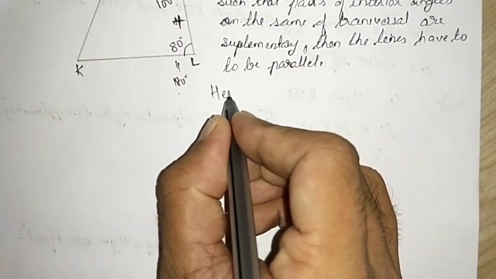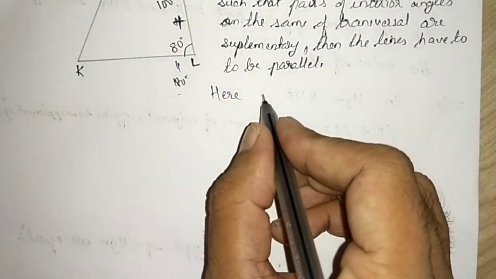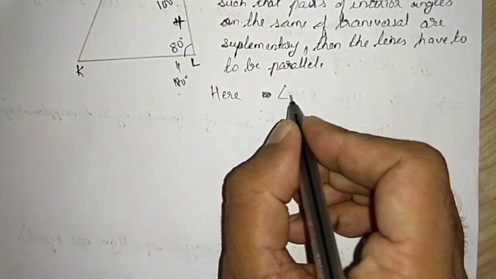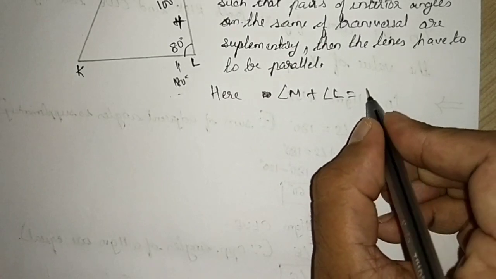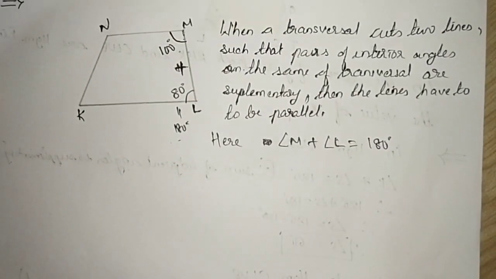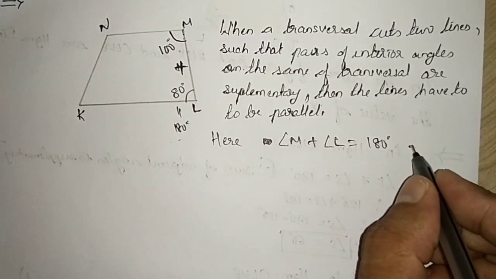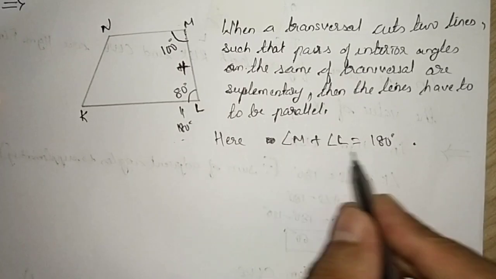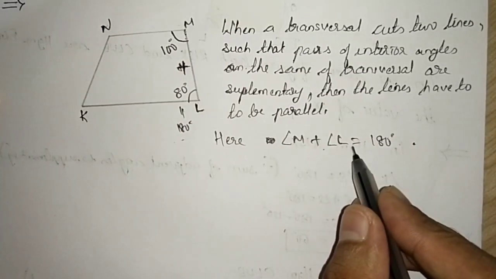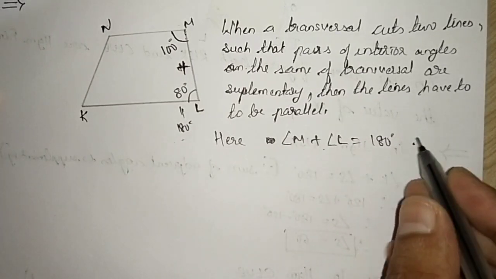So we will write like this. Here measure of angle M plus angle L is equal to 180 degrees.